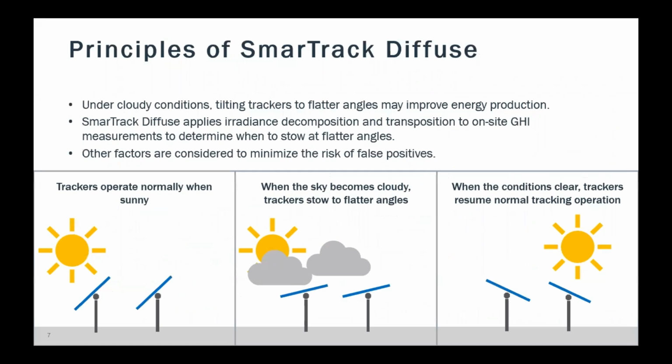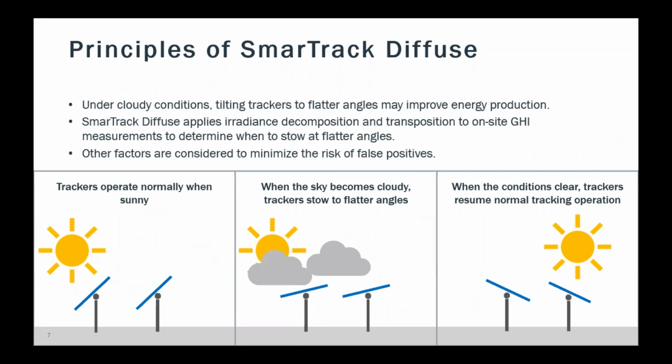So under cloudy conditions, as we covered earlier, the tracker angle that maximizes the irradiance on the modules may be flatter than the true tracking or backtracking angles. So SmarTrack Diffuse uses data from the customer's GHI sensors on site to determine when it's advantageous to move the trackers to a flatter, what we call diffuse stow position.